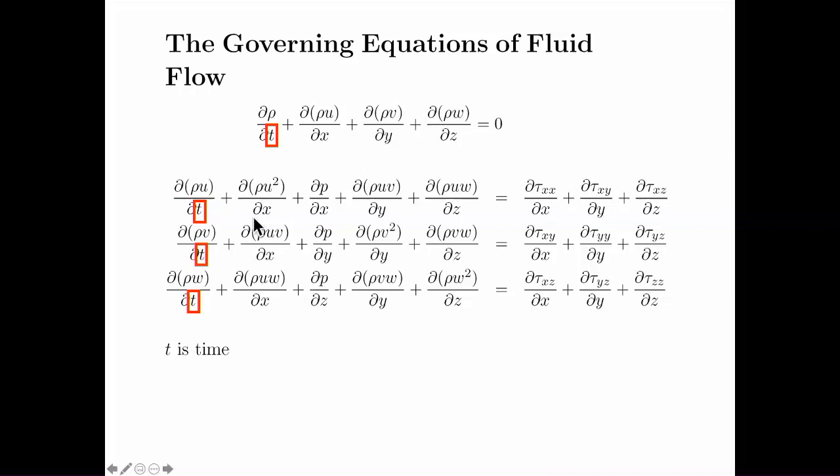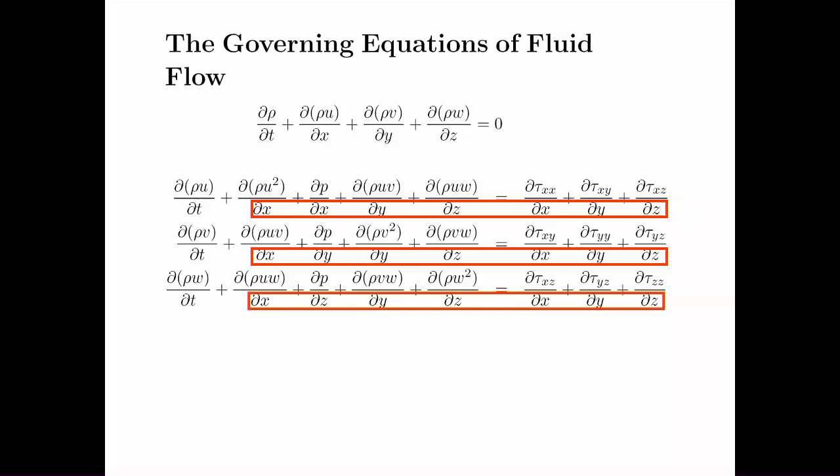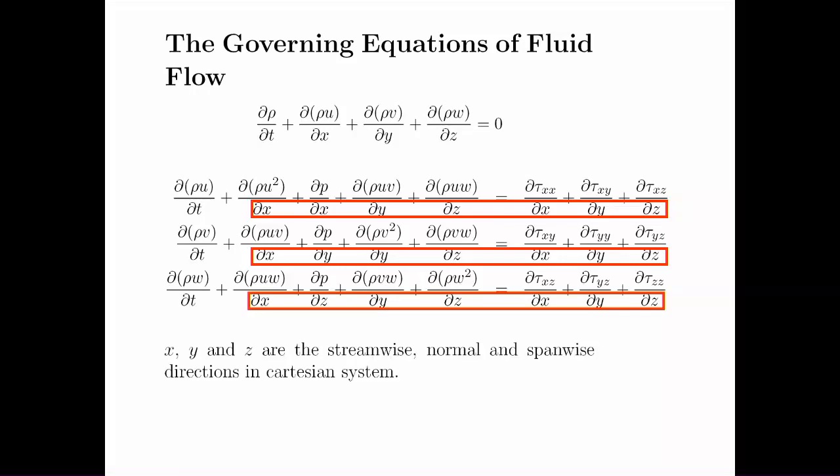And these other terms are the change in velocity with time. All these terms at the bottom here are basically your coordinates. So x, y, and z are your streamwise, normal, and span-wise direction in a Cartesian system.